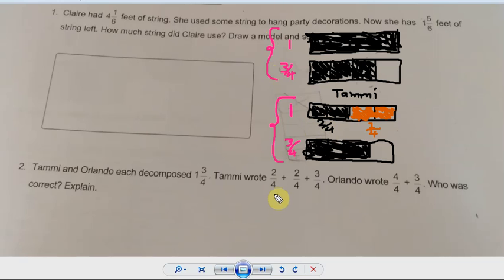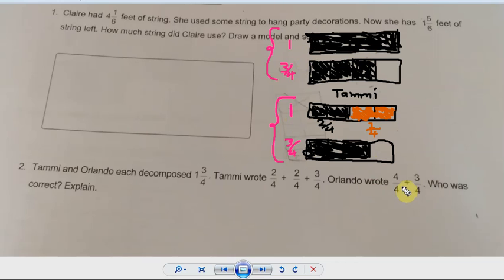Do her fractions add up to give us 1 and 3/4? Yes, because 2/4 and 2/4 come together to give you 1 whole, and then the 3/4 added to the 1 whole will be 1 and 3/4, just like the original question.